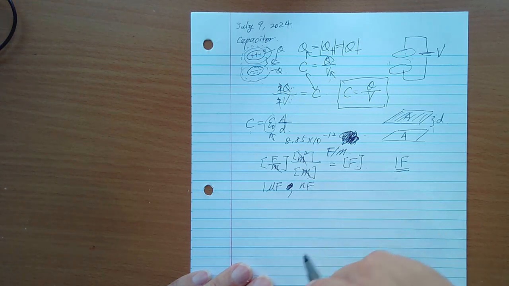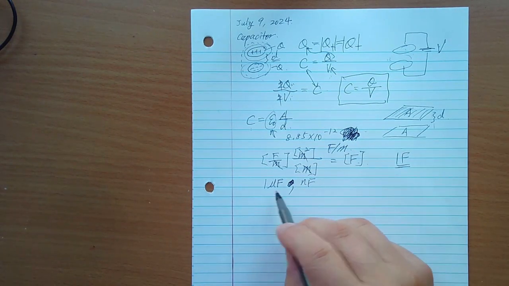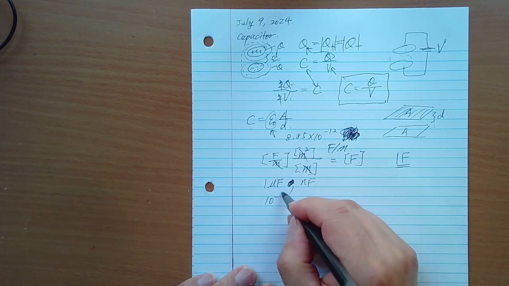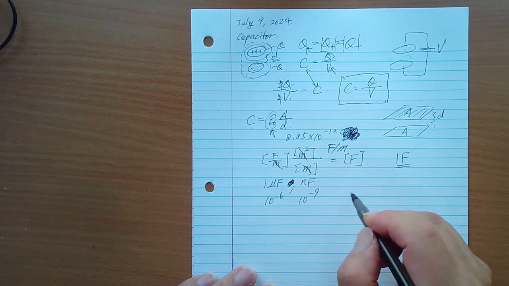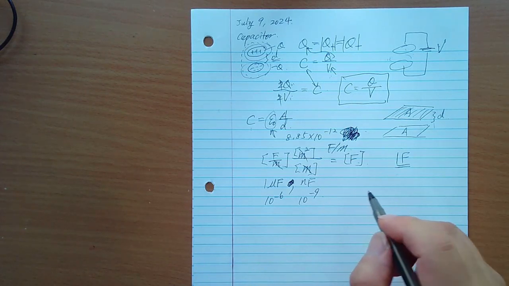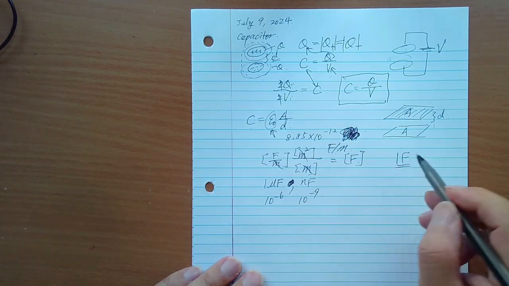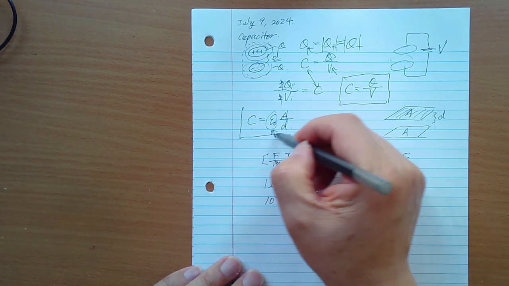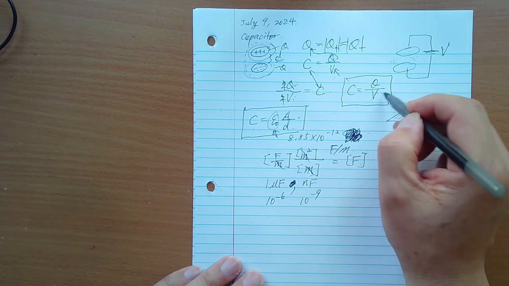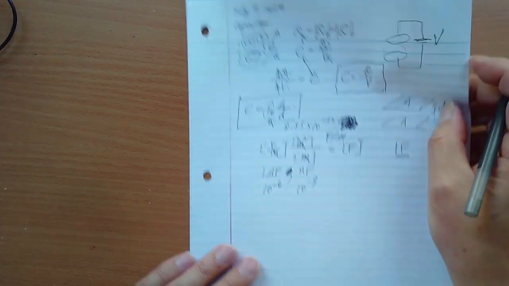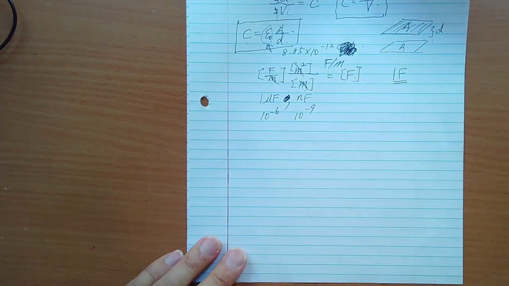Those are two different units. Micro means 10 to the negative 6, and nano means 10 to the negative 9. Those are very important formulas.